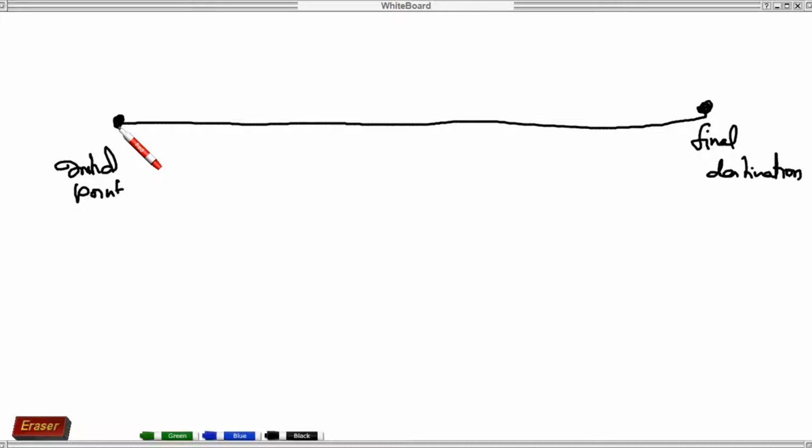Suppose this one is S1 distance. This 2 is S2 distance. This 3 is S3 distance. This one is S4 distance. This one is S5 distance, and so on to the last. This one is Sn distance.